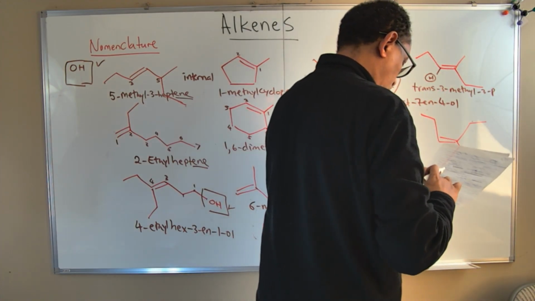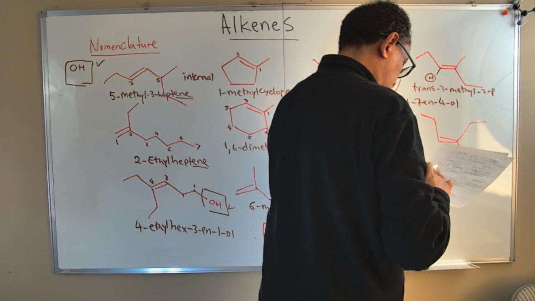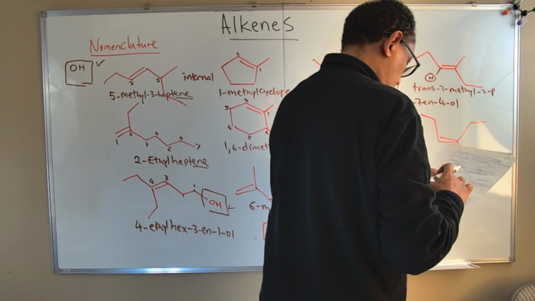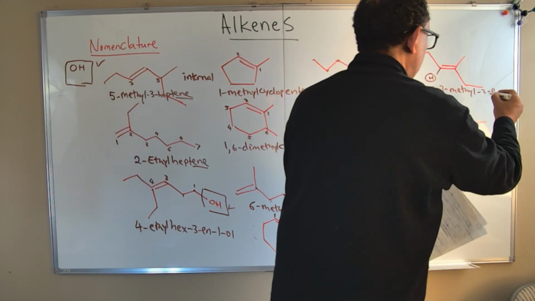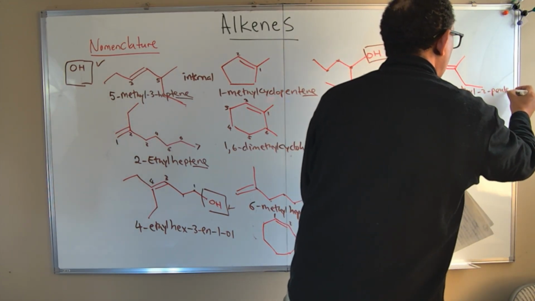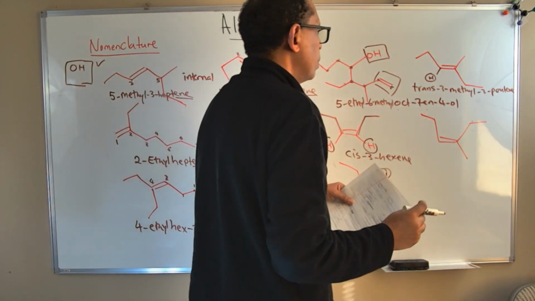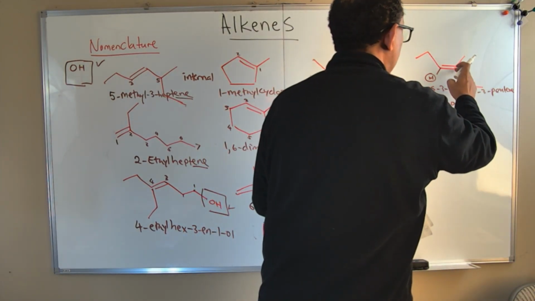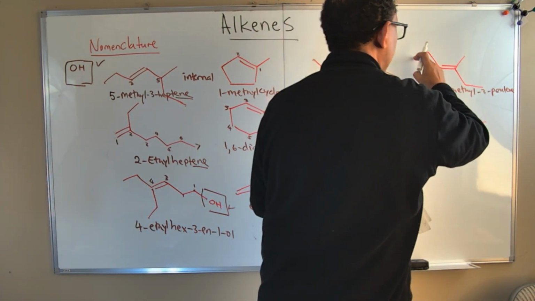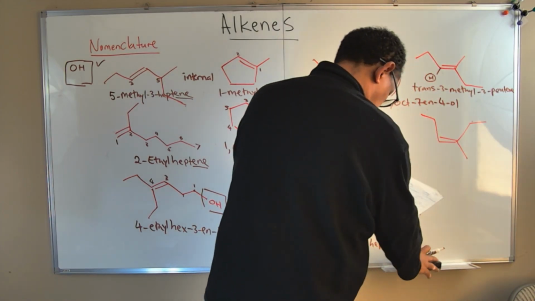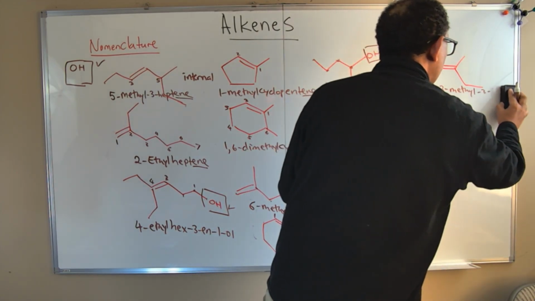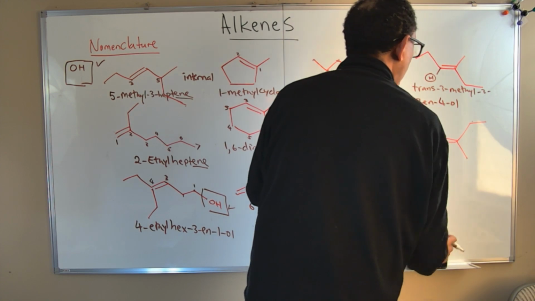How is it named? 1, 2, 3, 4, 5, 6. So what should be pentene? It should be hexene. 3-hexene.